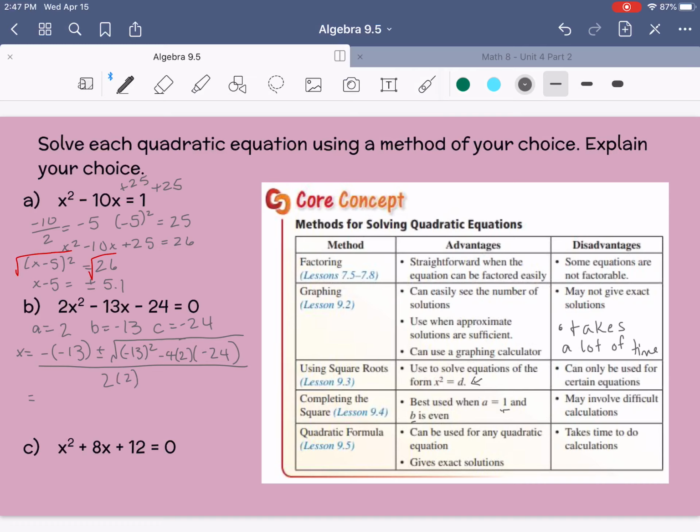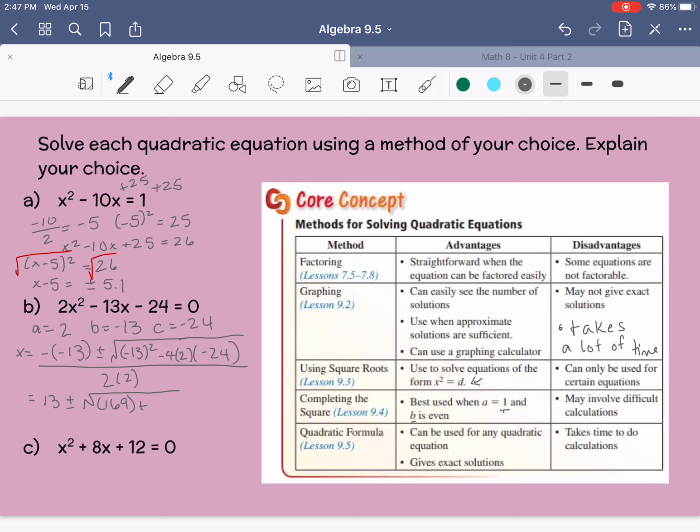Okay, don't forget about those positives and negatives. So negative 13 is a positive 13. Okay, negative 13 squared is 169.